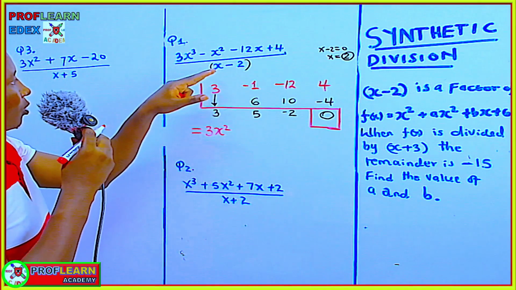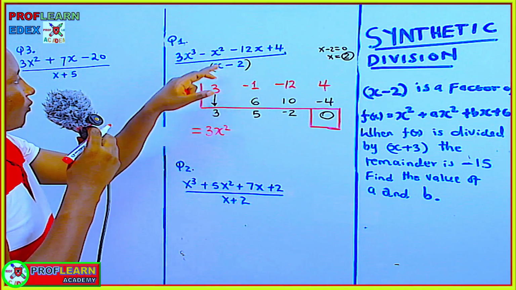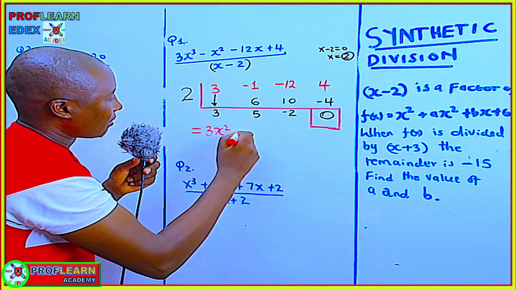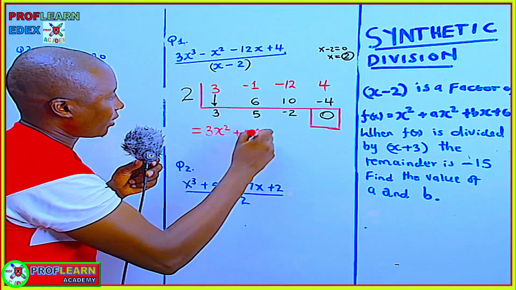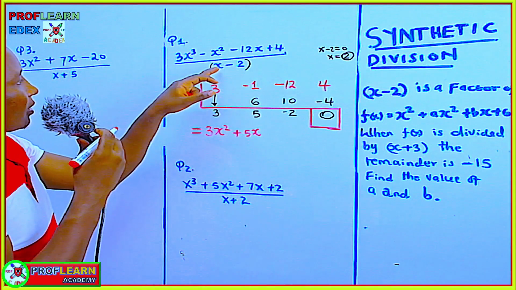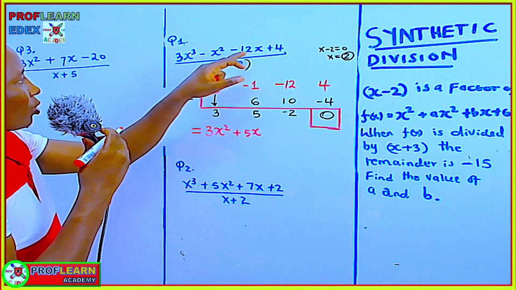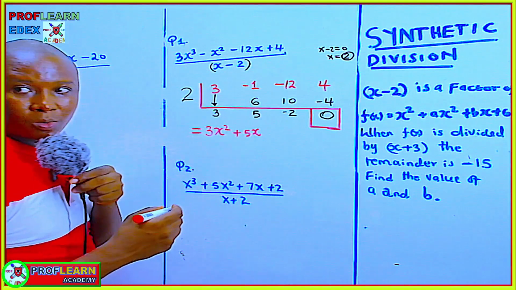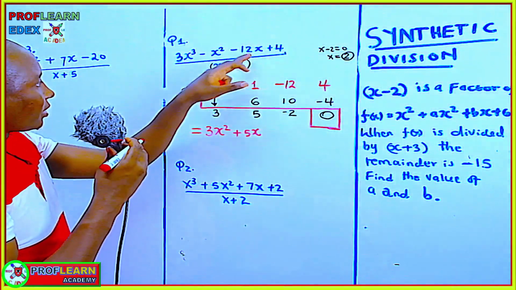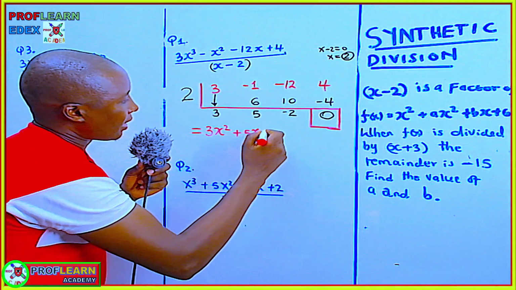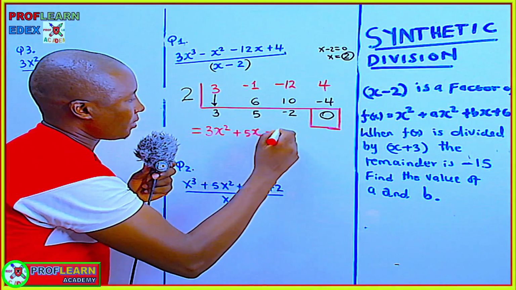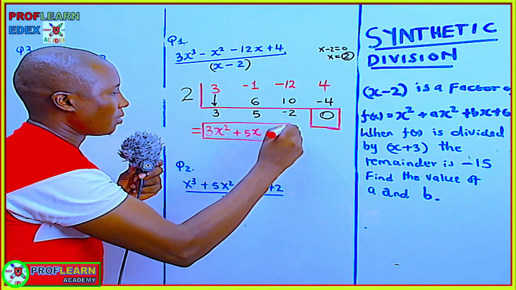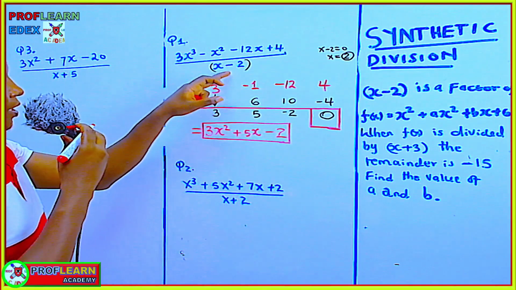The second term will be x squared divided by x. We are going to get x. Then we shall say that is plus 5x. And then the x term, that is x divided by x. That's going to be 1. And the constant is going to be -2. So this is the answer you get when this expression is divided by this.